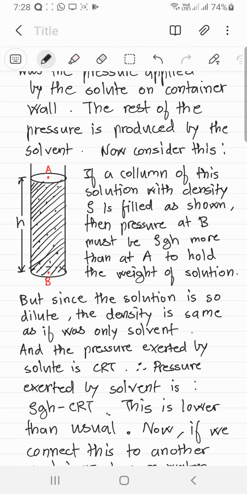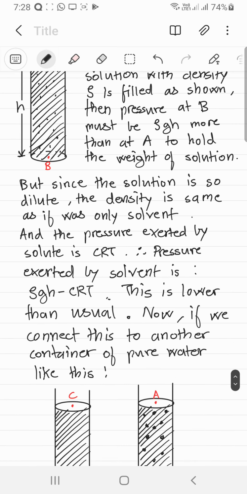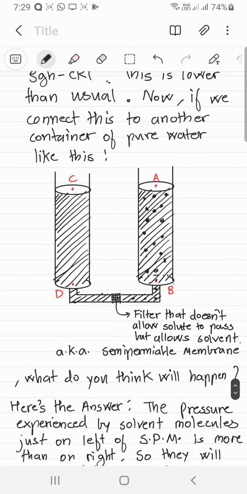Can you find out the pressure experienced by the solvent molecules at B? That will be rho gh minus CRT. It was easy, right?